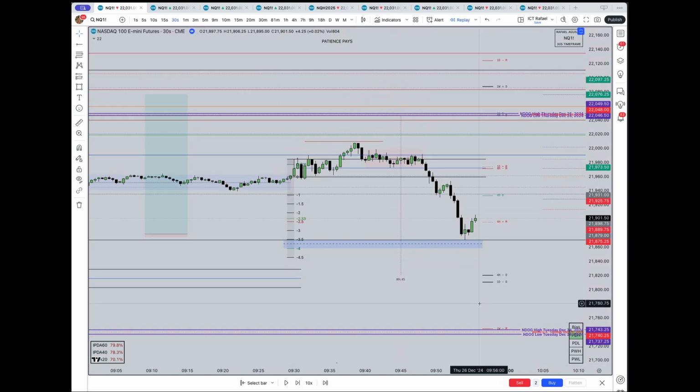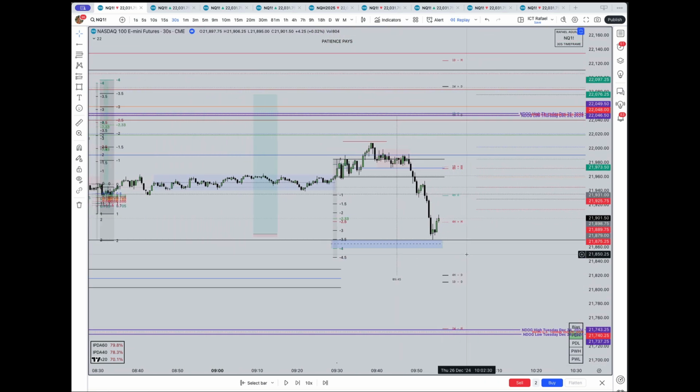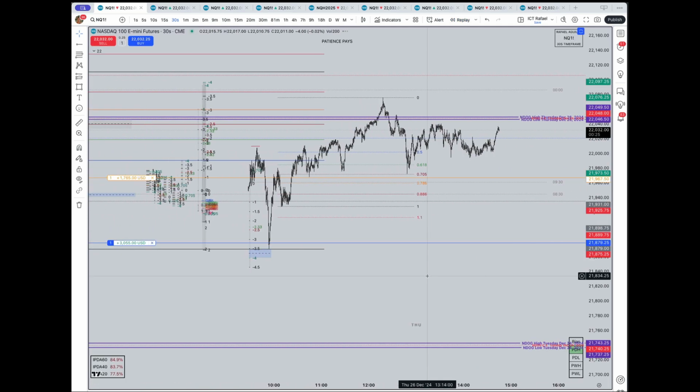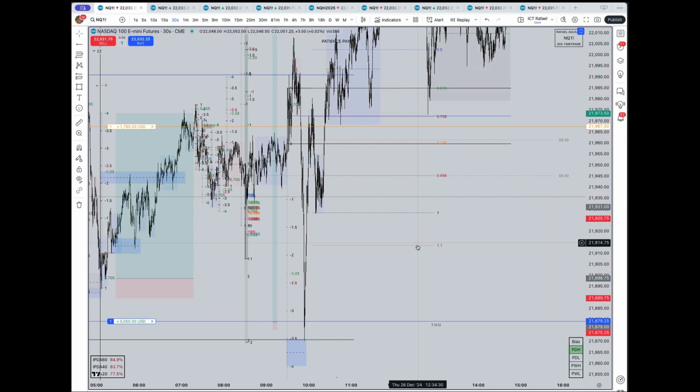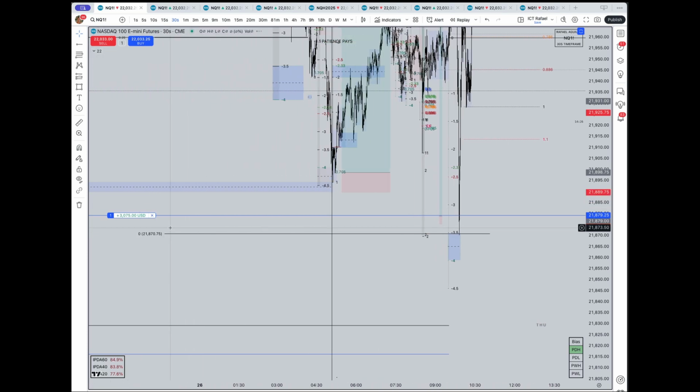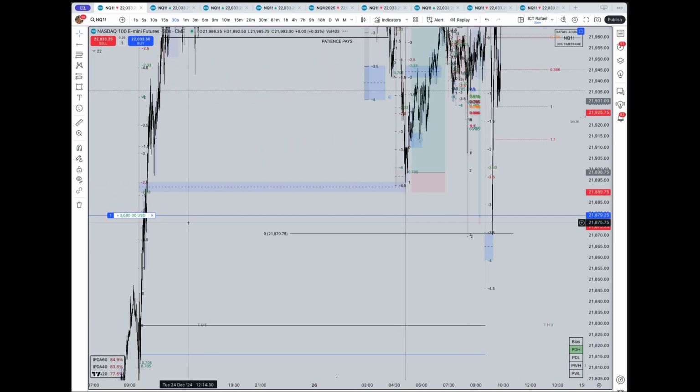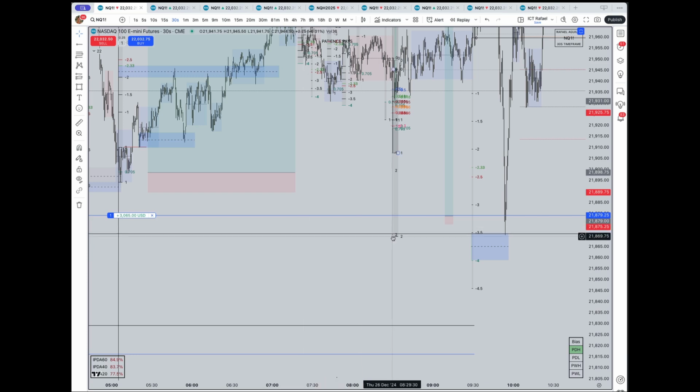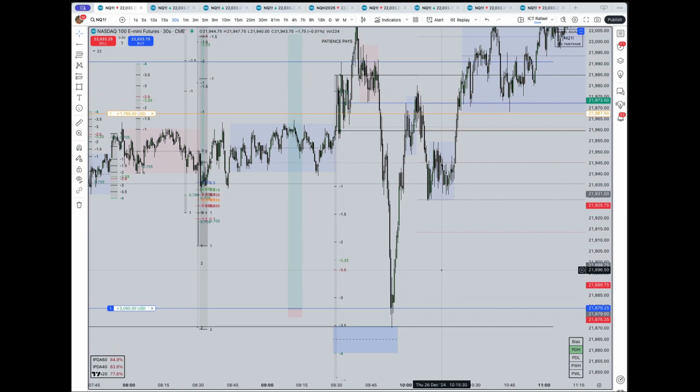So I entered long here. I don't know if maybe my trade is still running. Yeah, look. I entered 5 contracts here with a 3.75 point stop loss, because I was sure that would be the low of the day. So yeah, the price came up.